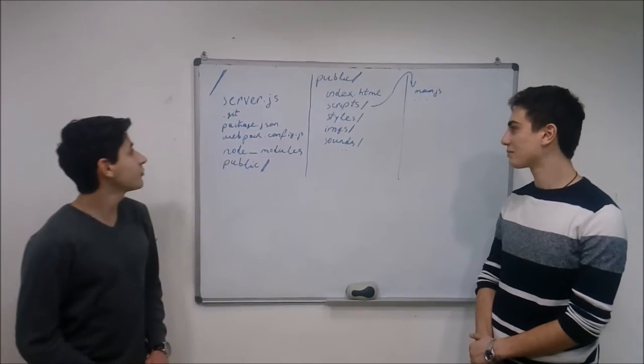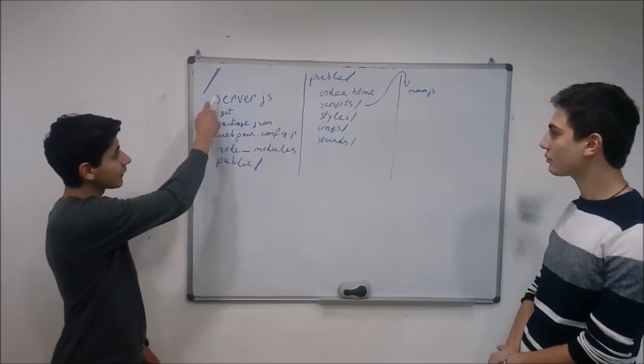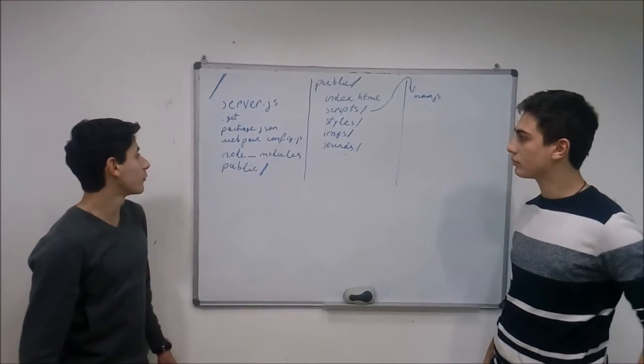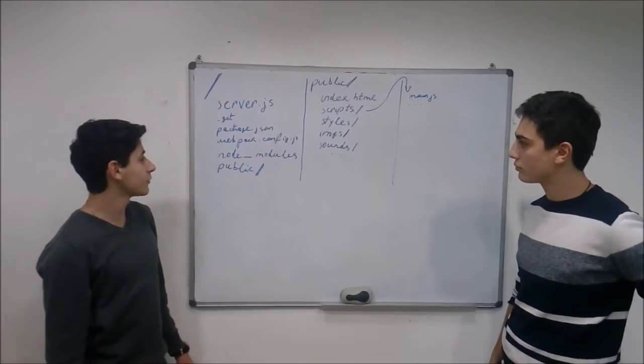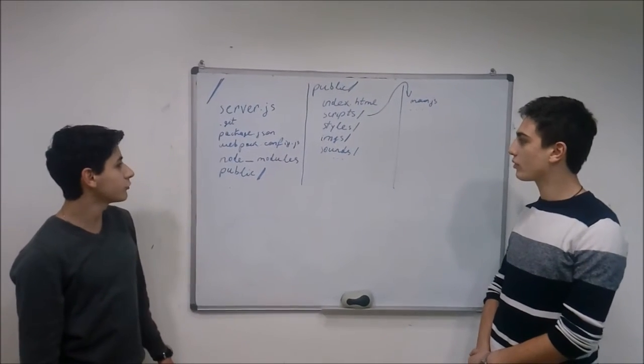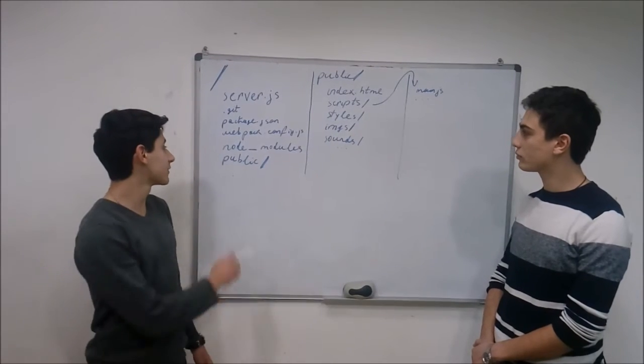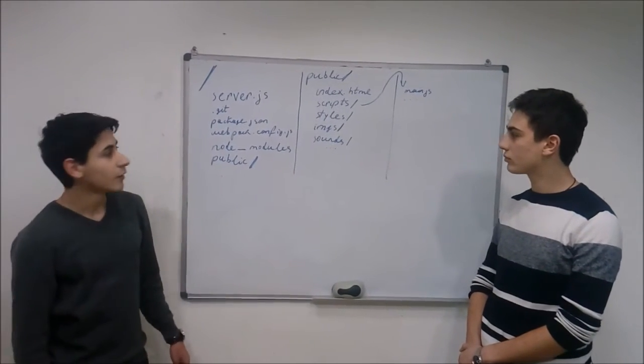The root of our project consists of these files: server.js, .git, package.json, webpack.configuration.js, node modules, which is a very important part in our project, and then the public folder.